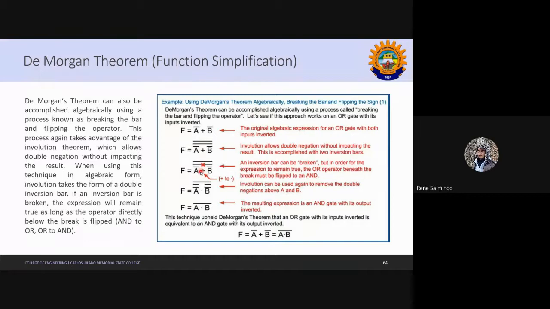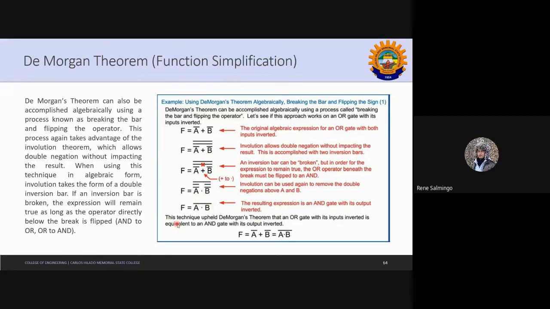And after this, you have an inversion that can be broken into parts. So you could have the expression also involution to remove the double negation. So these two now will be removed because of involution, and you will have your final expression as this one.